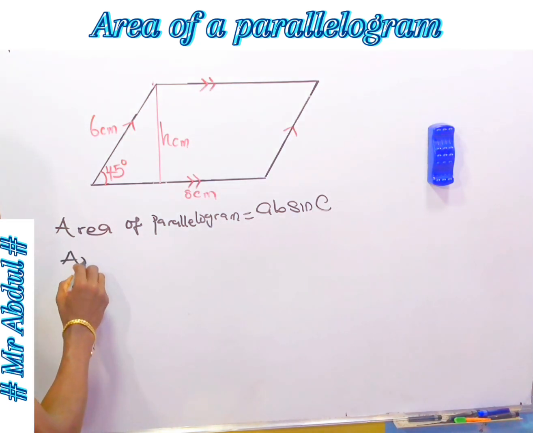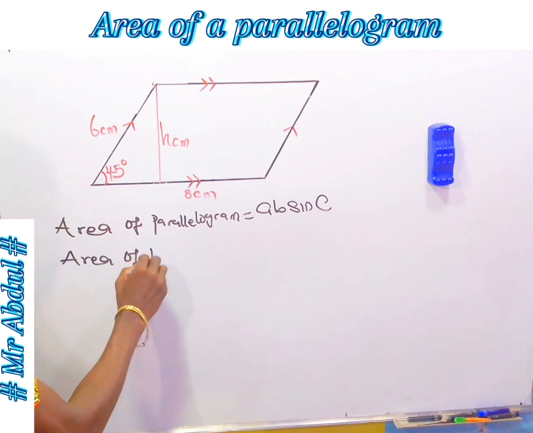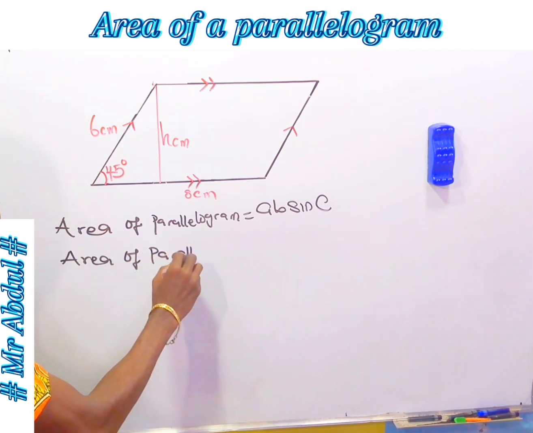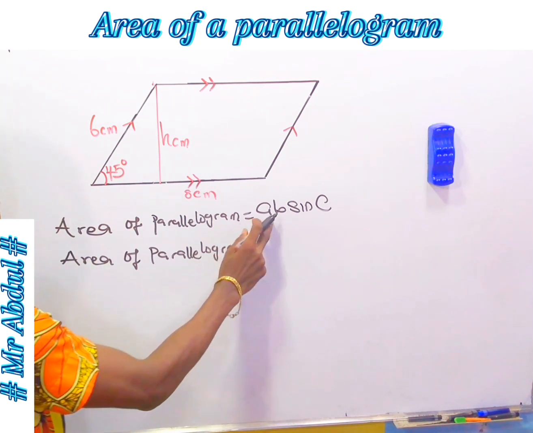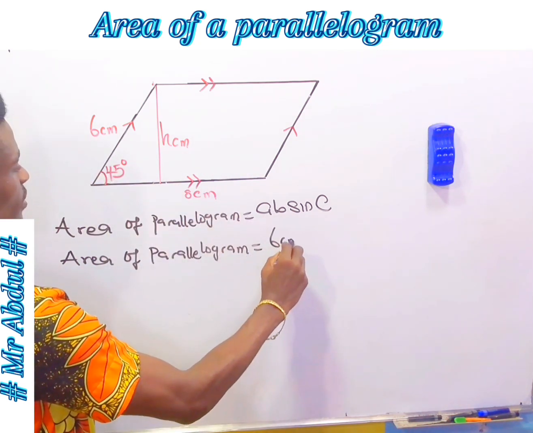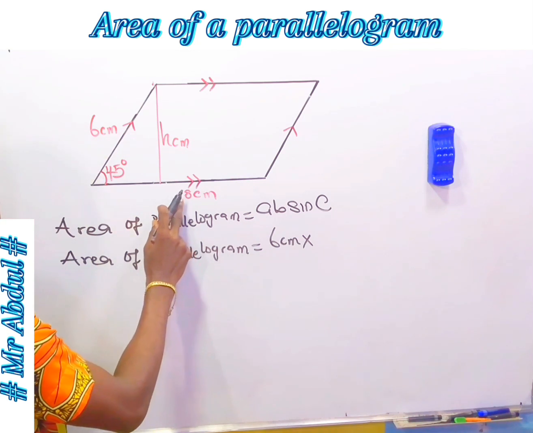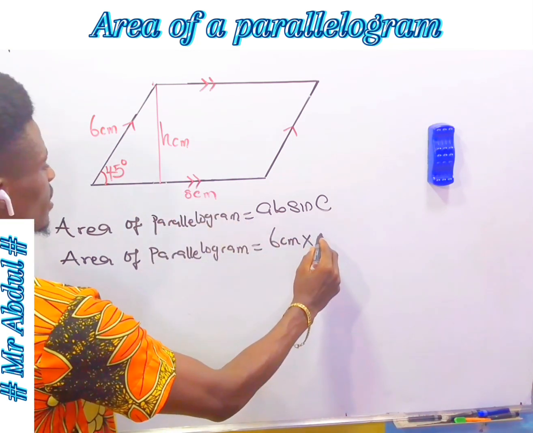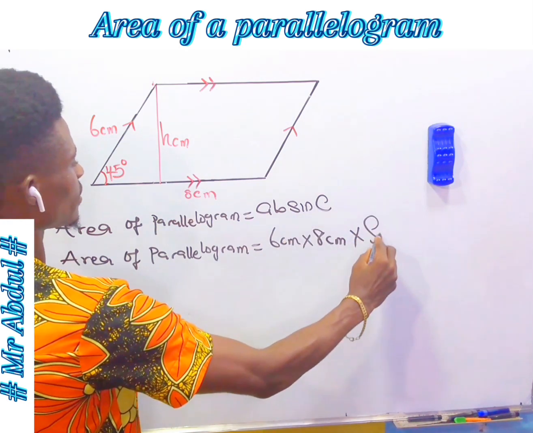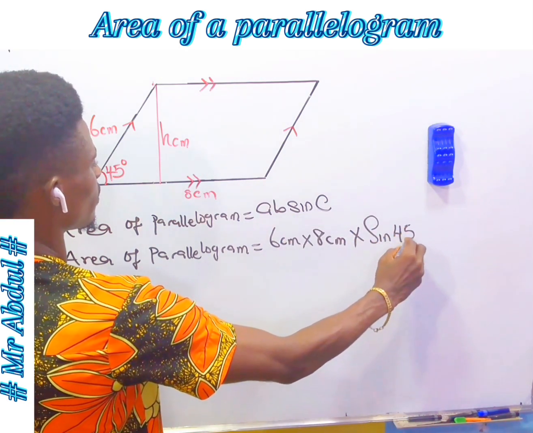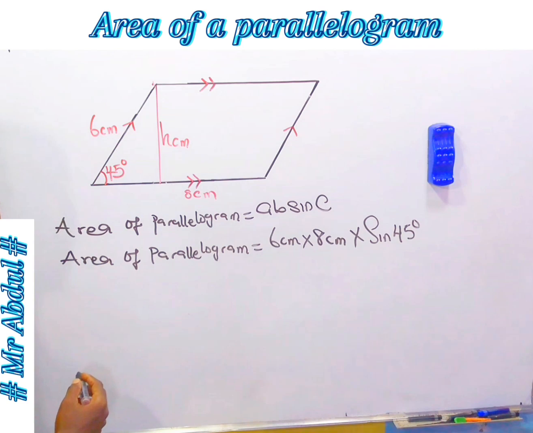Therefore, the area of parallelogram is equal to A, which is 6 centimeter, times B, which is the base, 8 centimeter, multiplied by sine C, which is sine 45 degrees.